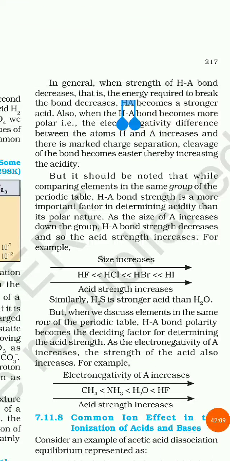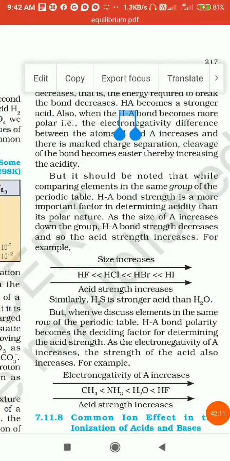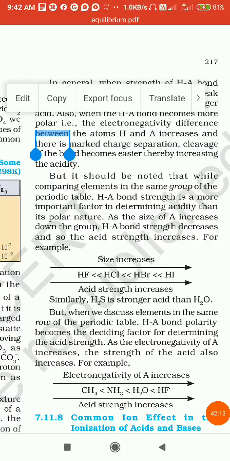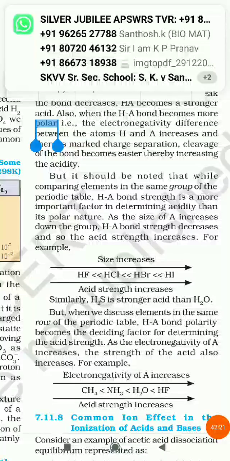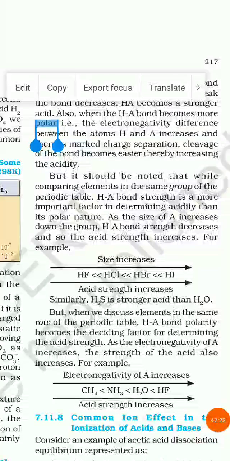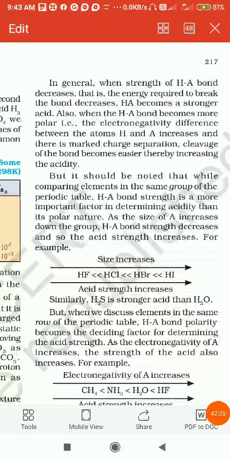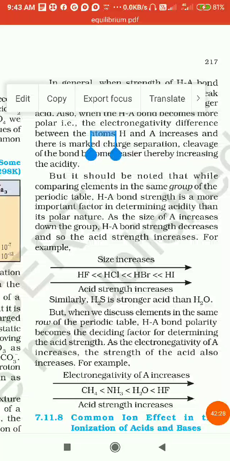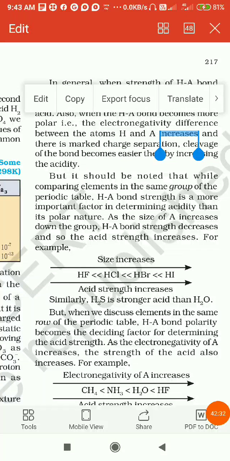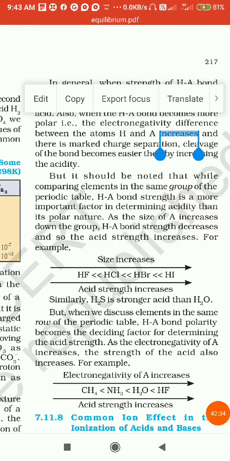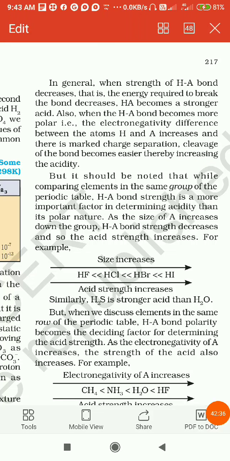Also, when the H-A bond becomes more polar, the electronegativity difference between the atoms H and A increases and there is a marked charge separation.